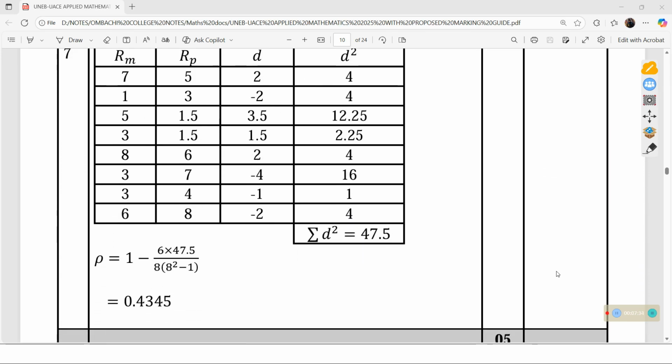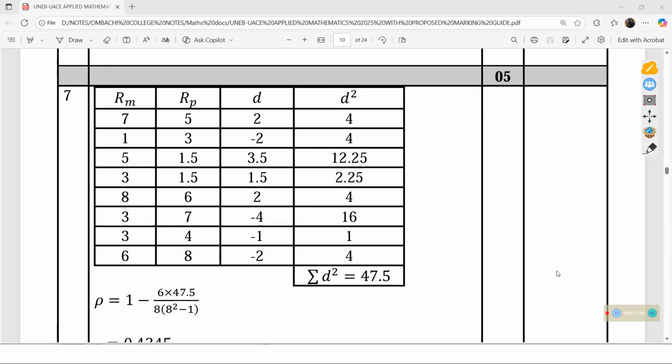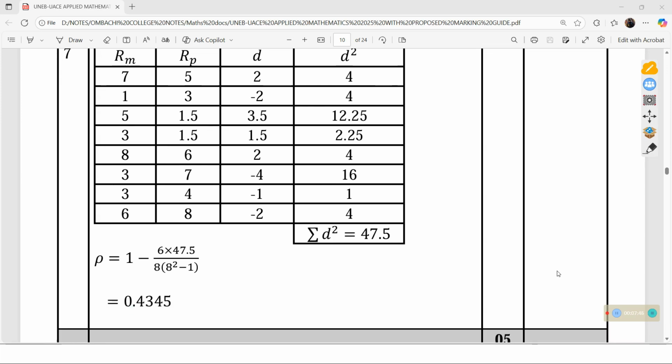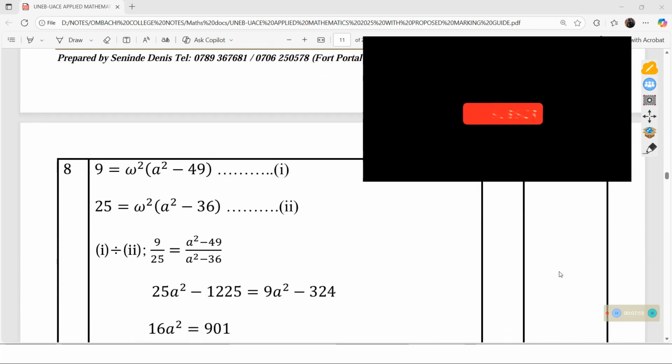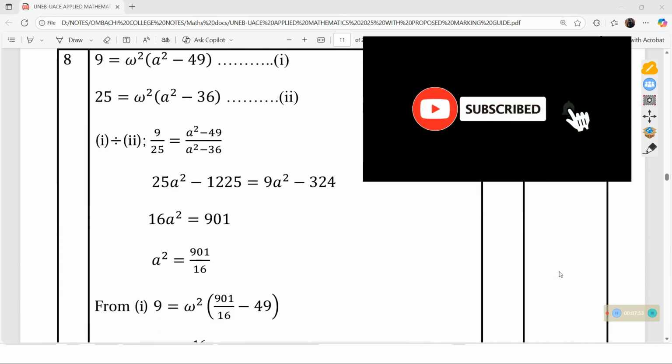So we come to solution for number 7. So we have number 8.